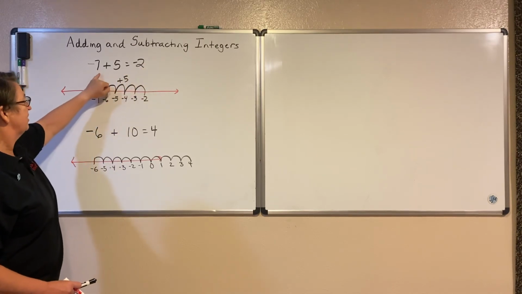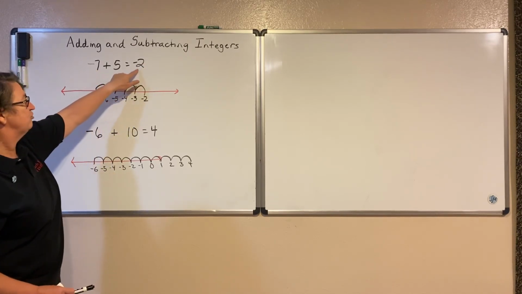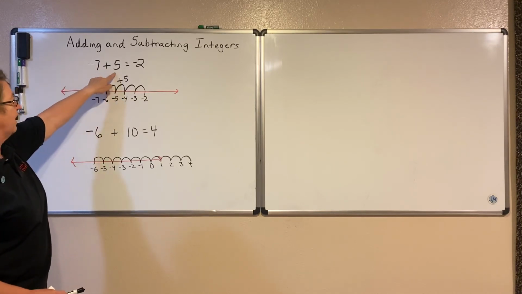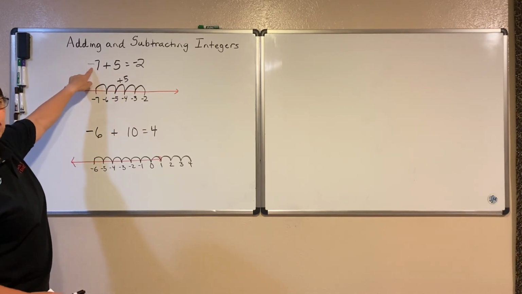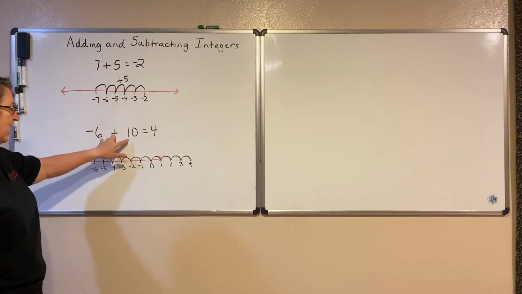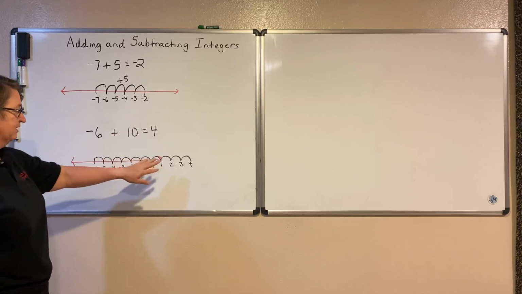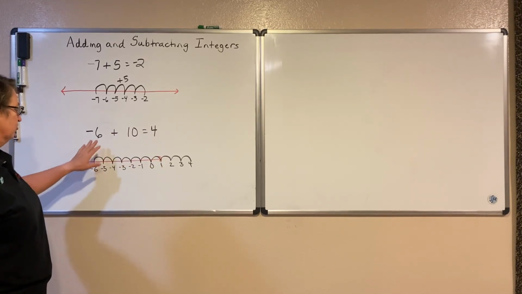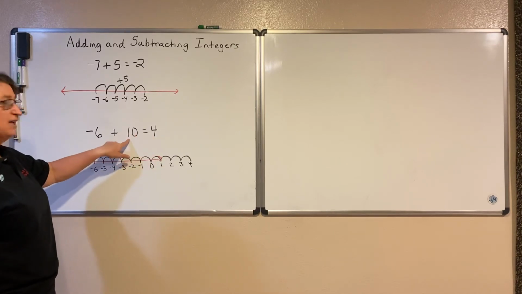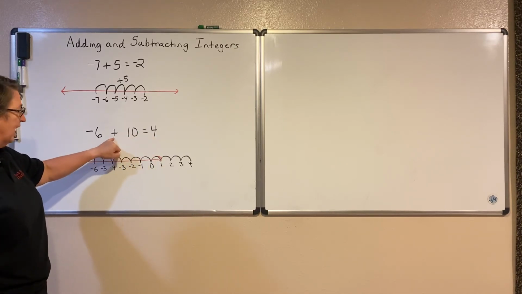I took 7 minus 5 and got 2, but because 7 was larger than 5, I kept the sign of the larger number. The same was true here. Really what I did was I subtracted this 10 minus those 6, and it gave me the 4. But this time, because 10 was larger, I ended up in positive land. I kept the sign of this larger number.